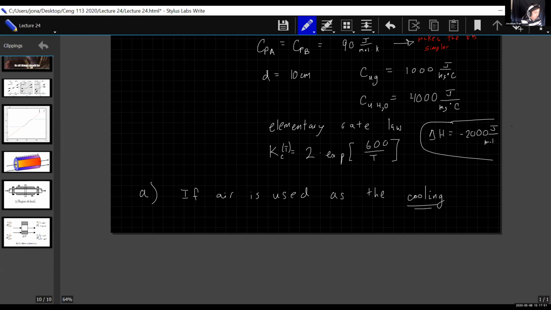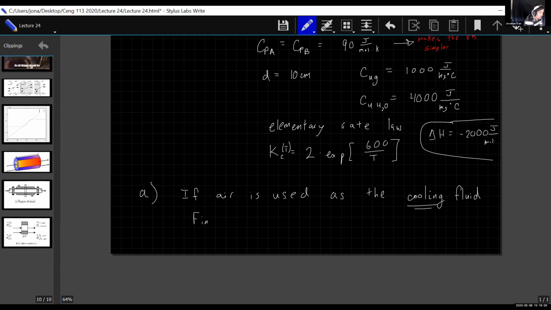That wouldn't be good. So if air is used as the cooling fluid, find the outlet temperature. Given that the mass flow rate of U, in this case of our gas, is equal to 0.5 kilograms per second.